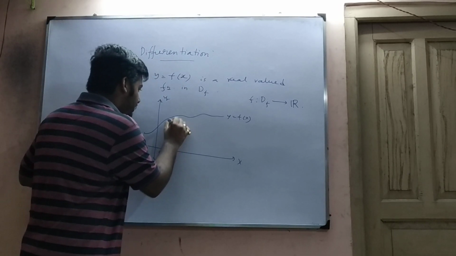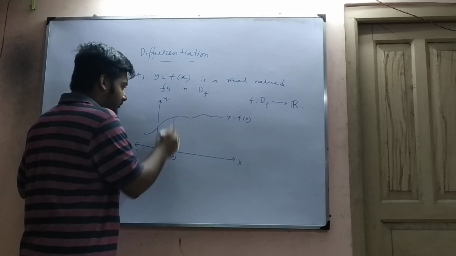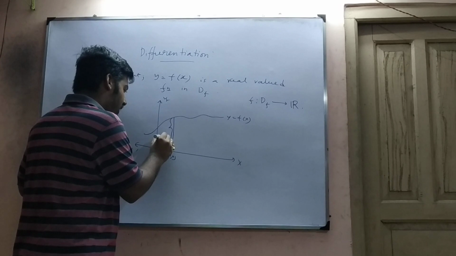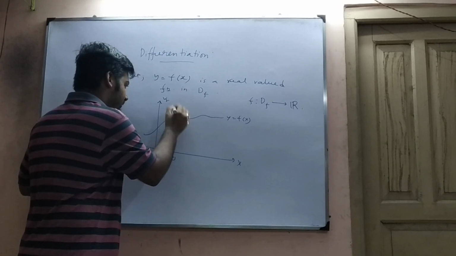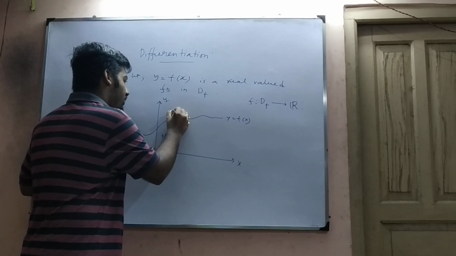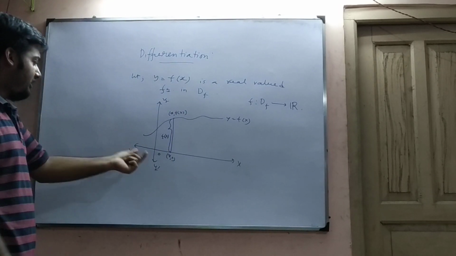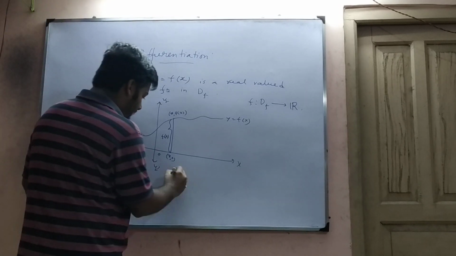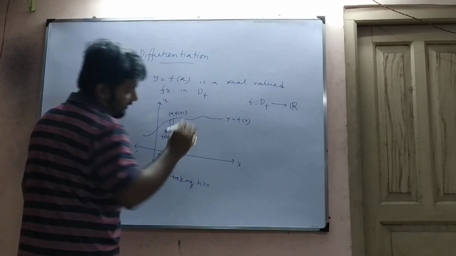So what is the functional value at the point x? That is nothing but f(x). So this point is (x, f(x)). Taking a small quantity h, h greater than 0.